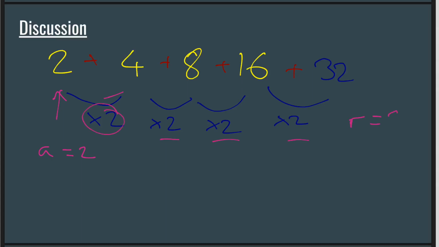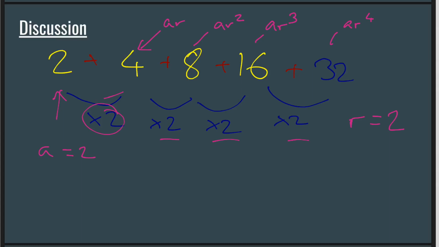So I'm going to say r equals 2. So this term is a. This term is a times r. That's my second term. This one here is a times r twice, so ar squared. This one here is ar cubed, and our fifth term is ar to the 4.